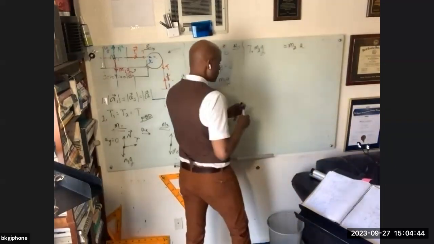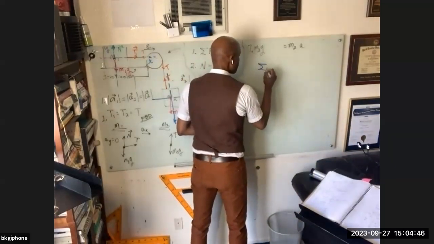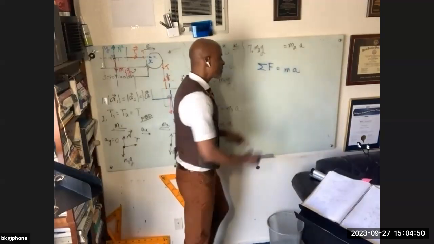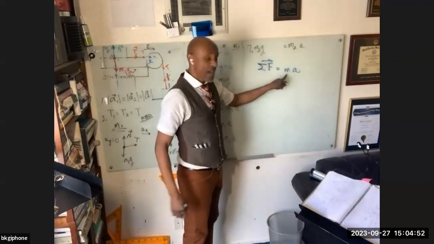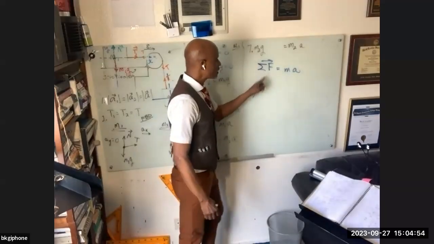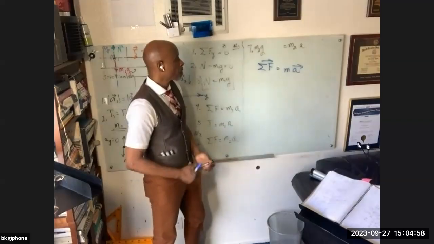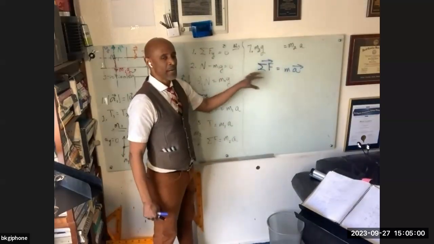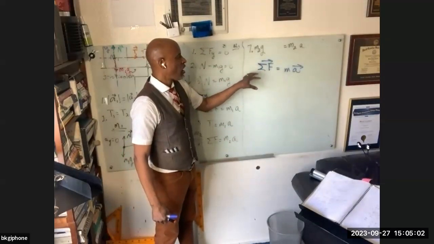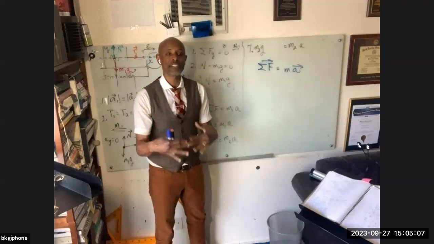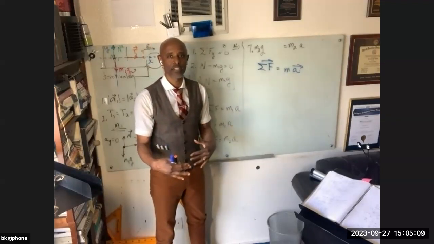No matter how many forces are on the object, the net force is equal to the mass times the acceleration. Well, the net force is a vector, and mass is not a vector, so the net force gets its vector quality from the acceleration. So even if you have a number of forces, all the forces that are in the direction of the acceleration must have the same sign as the acceleration.